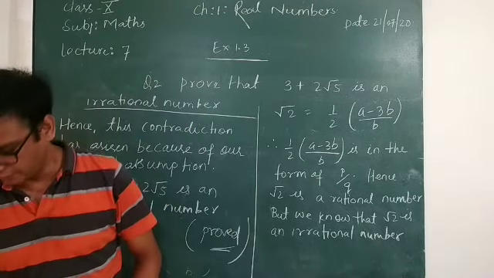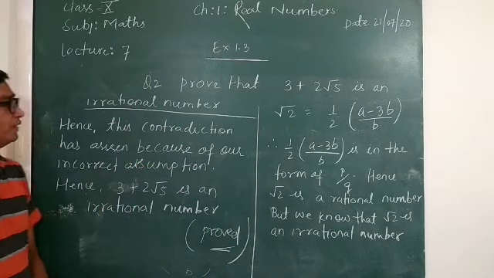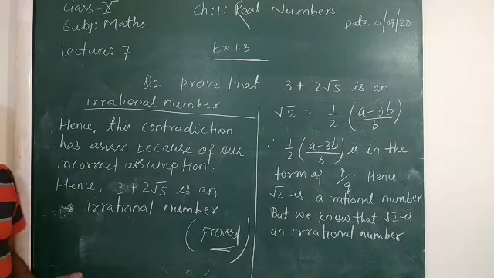Now coming to question number 3. Question number 3 is that prove that these numbers are irrational numbers.